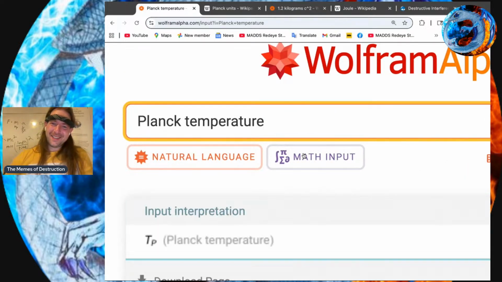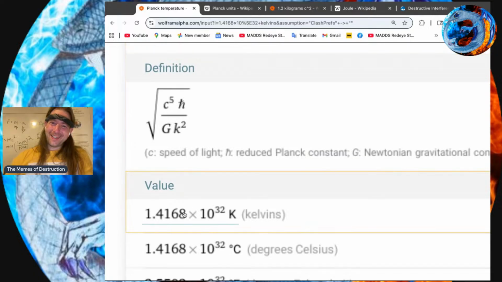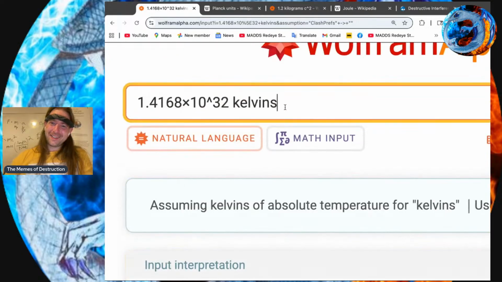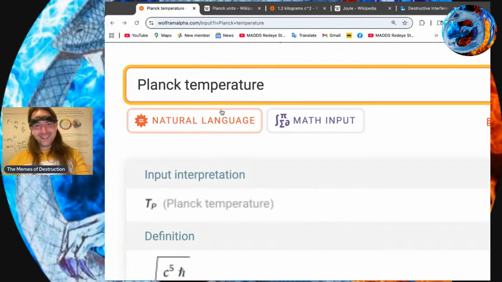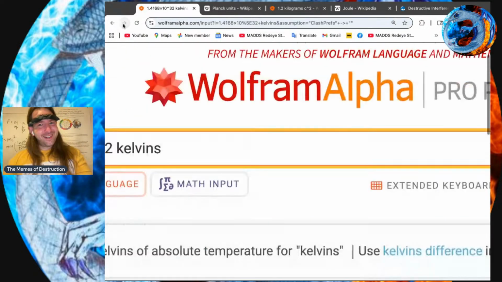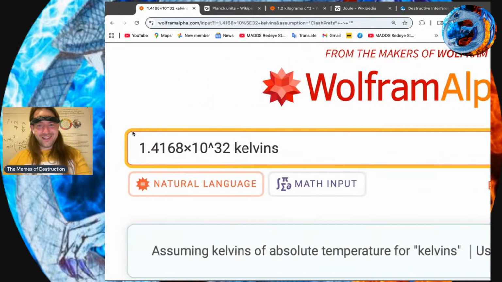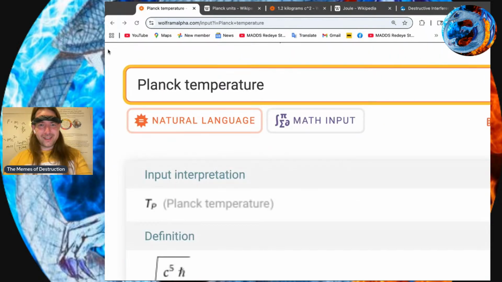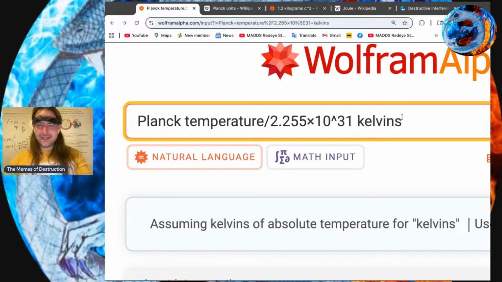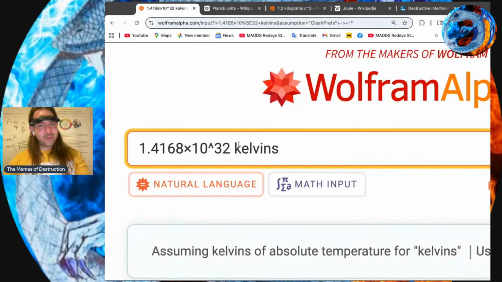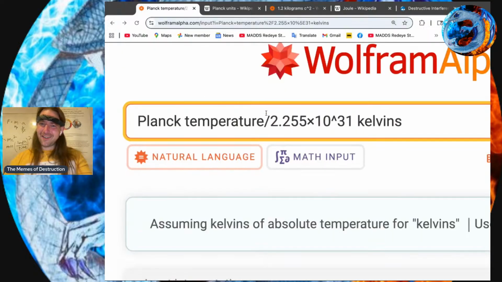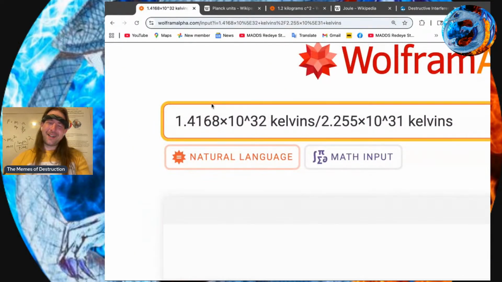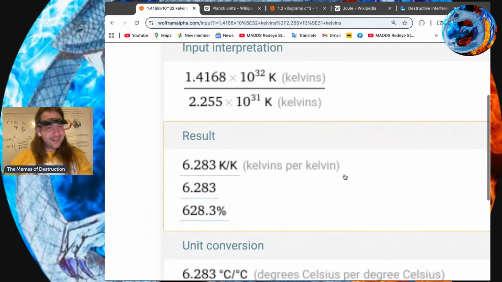It doesn't like that, but I just click on the thing, and it gives me it within the unit system. Don't mind me killing my own video. Back, back. What am I doing? Copy. There we go. So when we just put the units there, Planck temperature divided by that.